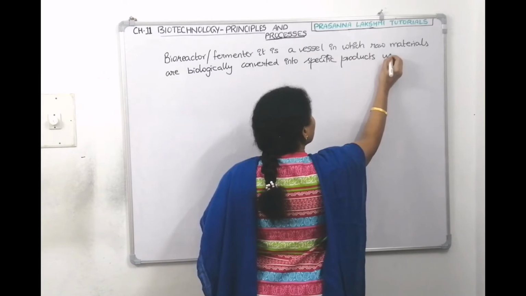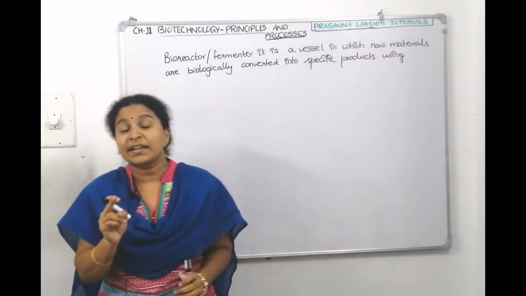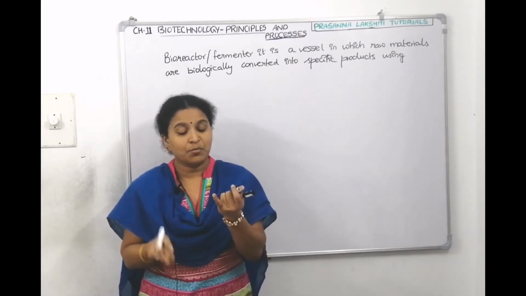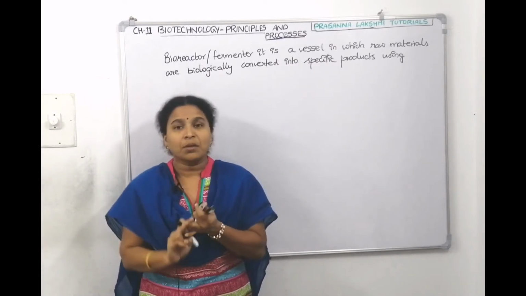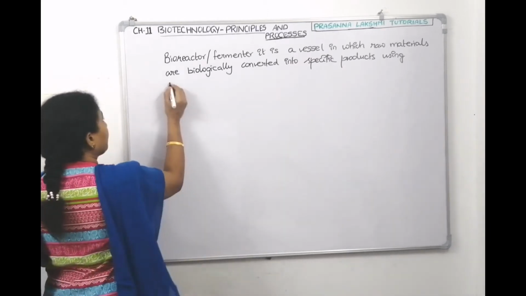Now, how are you converting the raw materials into specific products? So we are using a genetically modified organism, genetically modified microbe you can use, or a plant cell, or an animal cell, or a human cell.